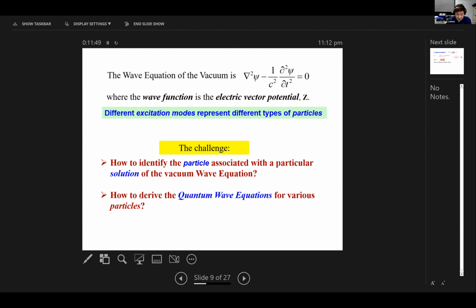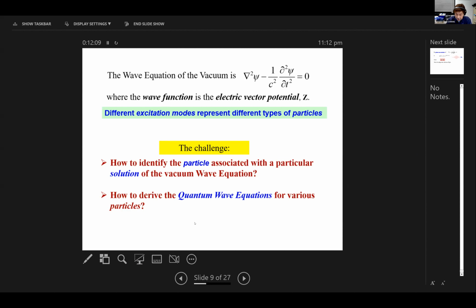Another important challenge is, can we derive the quantum wave equation for some particle which we already know, such as the electron? Can we derive the Dirac equation, the Schrödinger equation, and so on? My answer is yes, and we did go through that process.